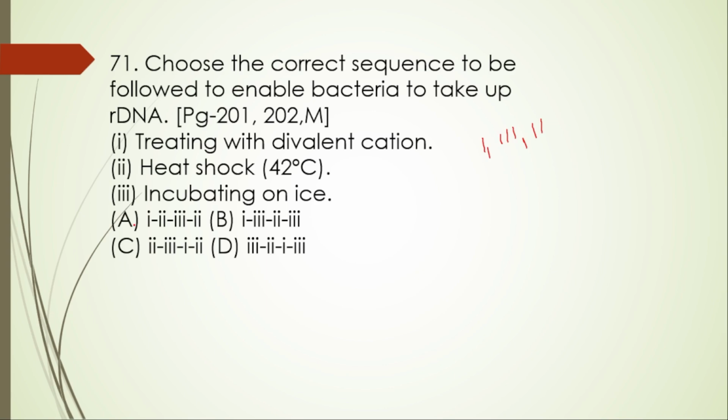Again incubating on ice, which is 3. So the sequence is 1, 3, 2, 3. The right option is option B. First treating with the divalent cation, next incubating on ice, then heat shock, and again incubating on ice.